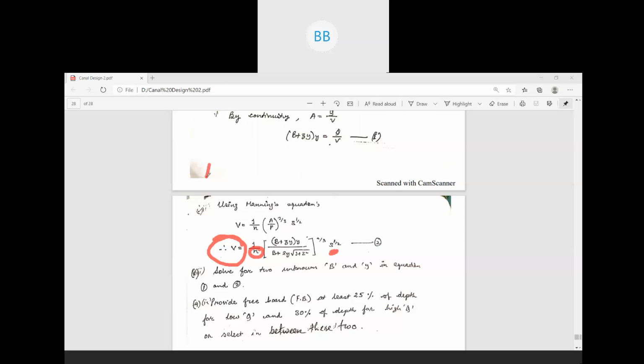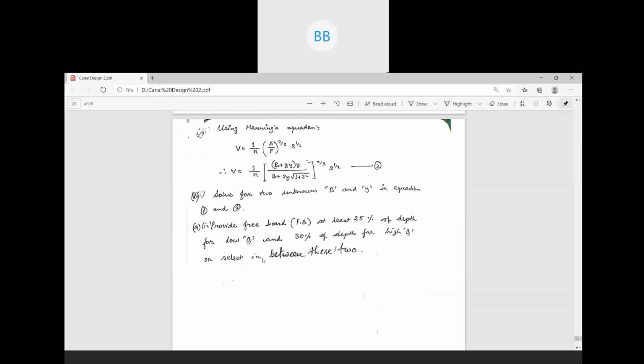If you can find the area, then you can directly find the velocity. Don't worry, we are going to solve one numerical related to this. Solving equations 1 and 2, you can find b and y, and then we have to provide freeboard.